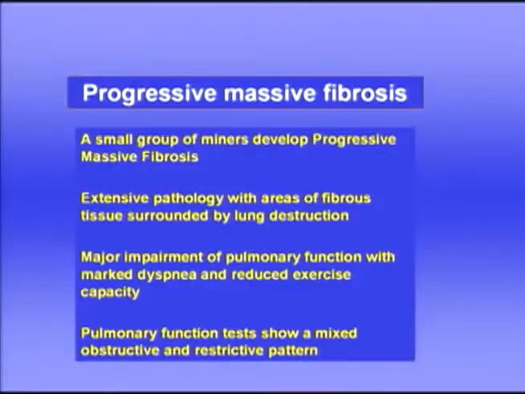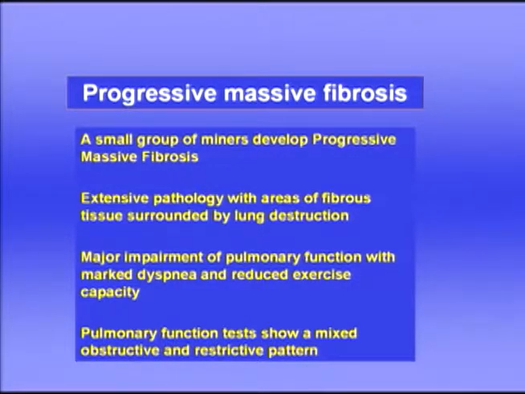Now, a few miners go on to develop what's called progressive massive fibrosis, and this is a completely different cup of tea. Here you've got extensive pathology in the lung with areas of dense fibrous tissue, and that's surrounded by areas of lung destruction, surrounded by areas of emphysema.